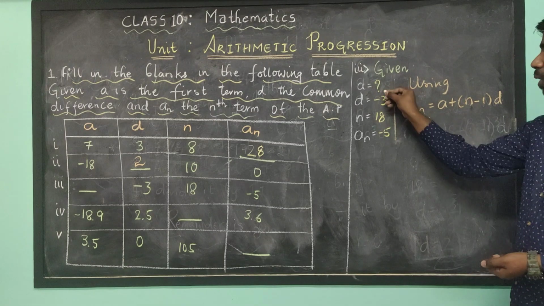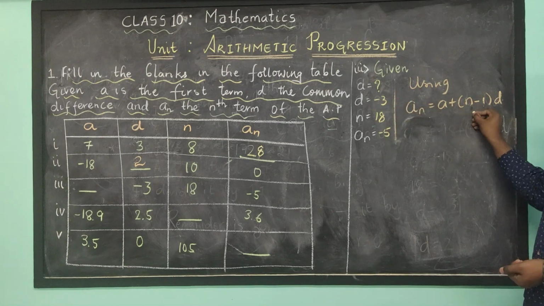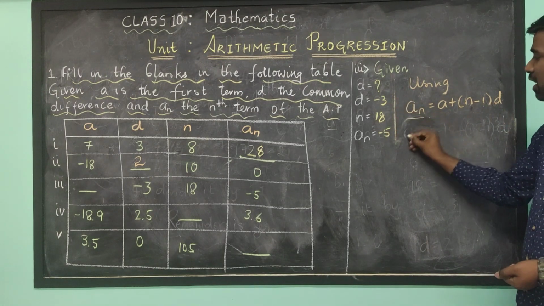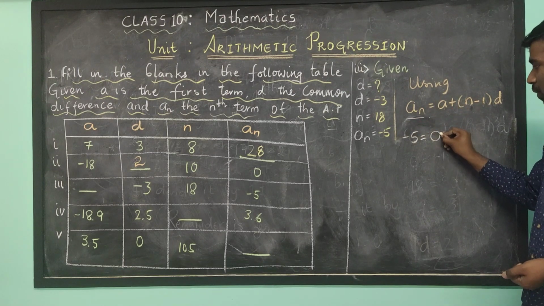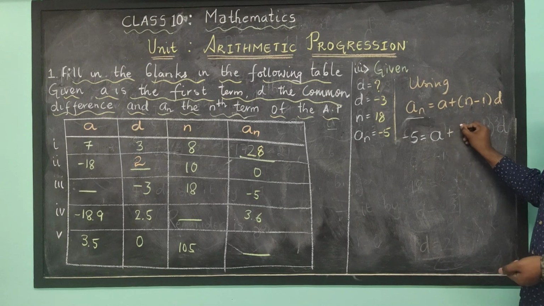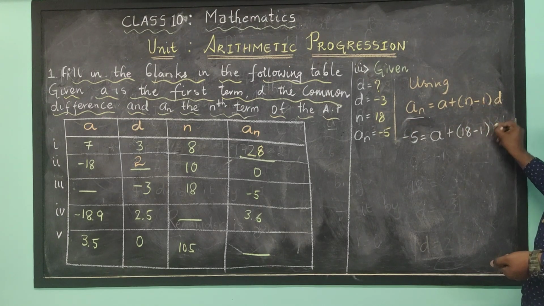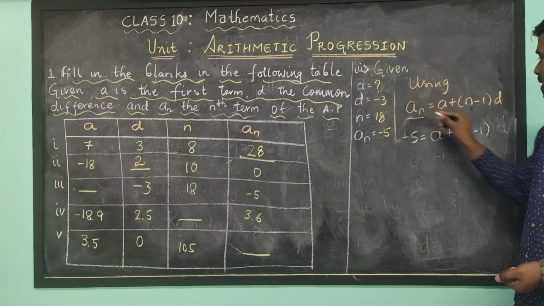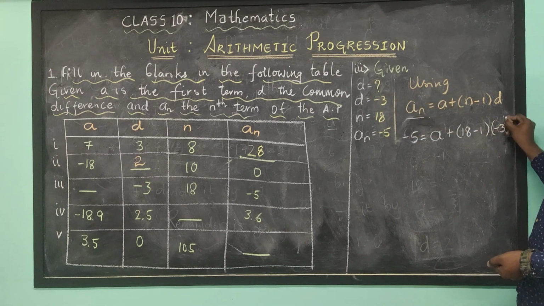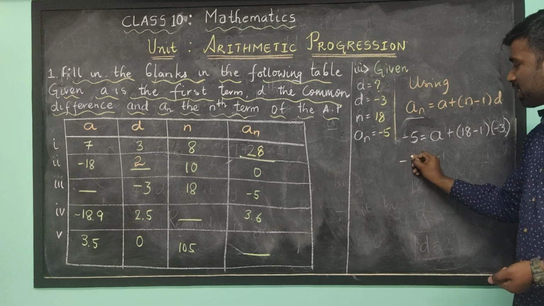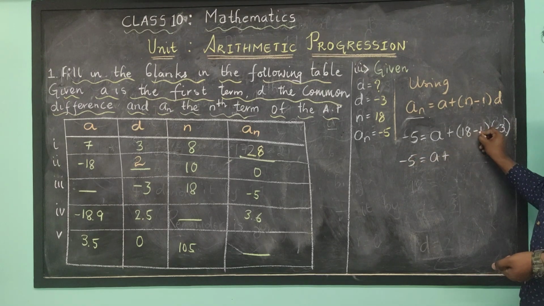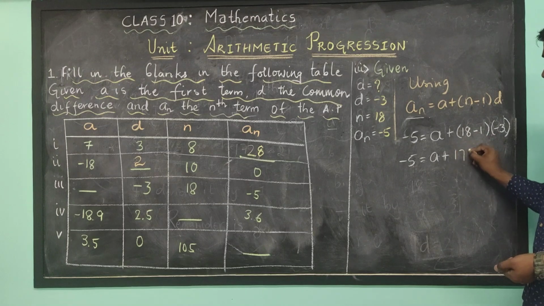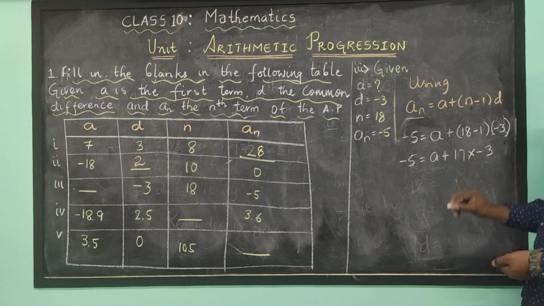Again substitute all the values in this nth term formula. an is minus 5, which is equal to a, we should find out, keep as it is, plus n, that is 18 minus 1 as it is, into d. d is minus 3. Now minus 5 as it is, a plus 18 minus 1 is 17 into minus 3.